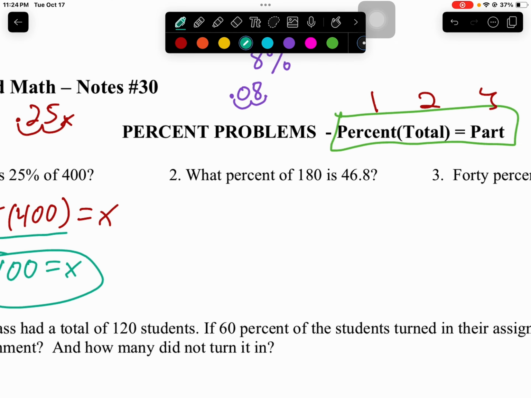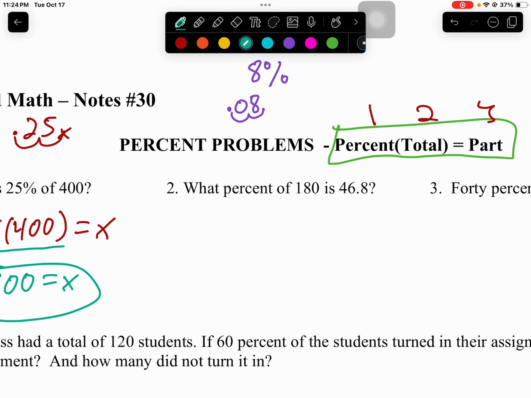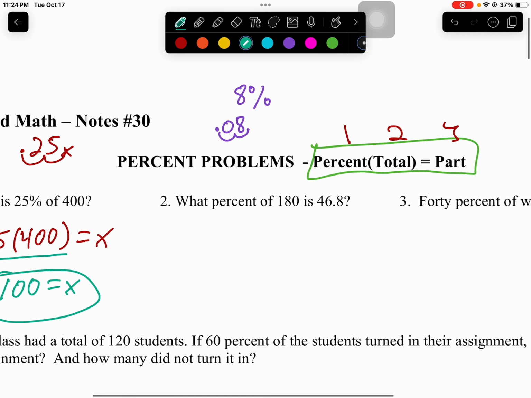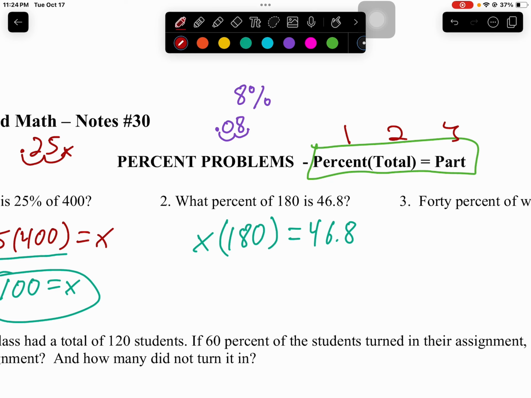Number 2, what percent of 180 is 46.8? We don't know what percent that is, so I'm going to put x. And then 180 is my total, and 46.8 is my part. So I have x times 180. To solve this equation, I do the opposite of multiplying. So I divide by 180. Cancels out.